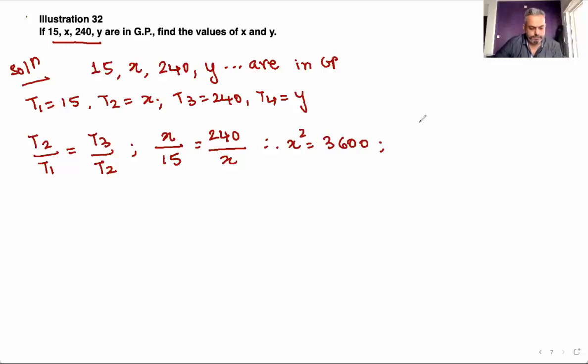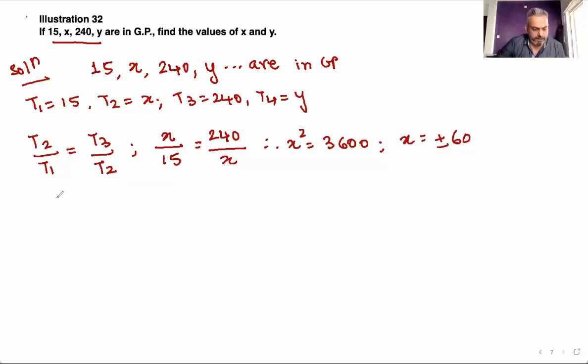Therefore, x is equal to plus or minus 60. Now pay attention, we have x is equal to plus and minus 60, so now we have to solve further. So let's do it this way.